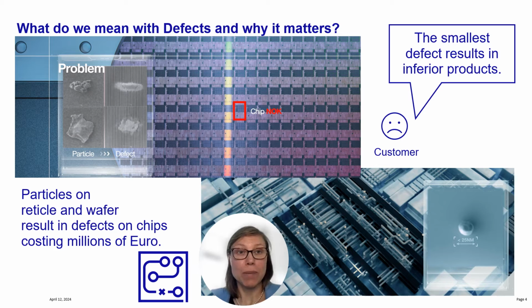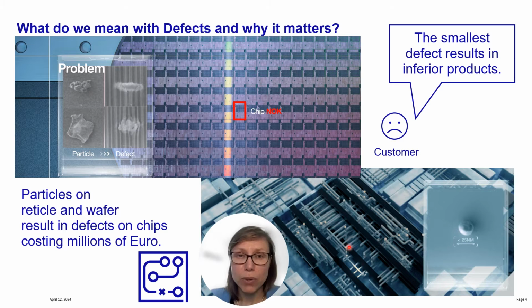So what do we mean with defects? Imagine a particle lands on the wafer or on the reticle and is printed, as you can see here. The result is a defect chip. And when we look closer, we understand why. Even though the size of the particle is in the nanometer range, so it's really small, compared to the printed structure, it's big.